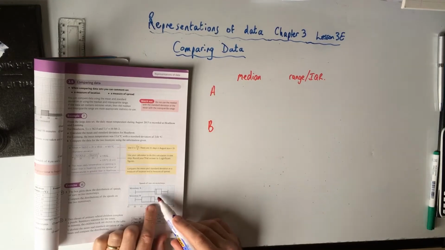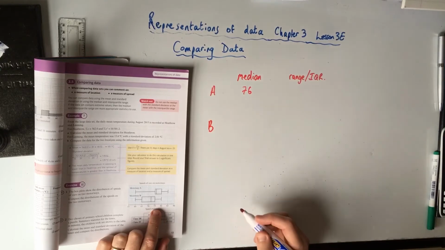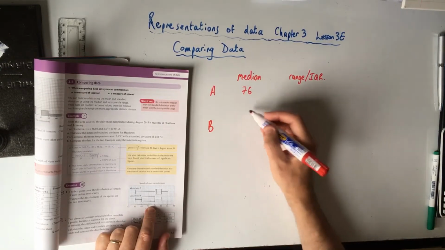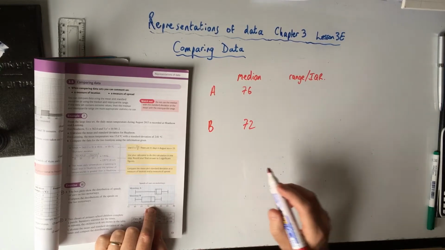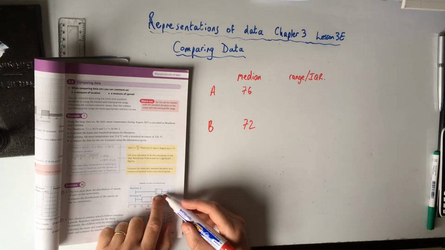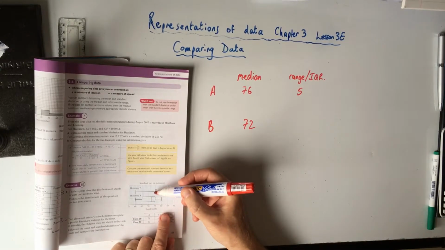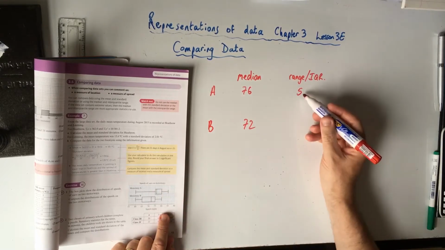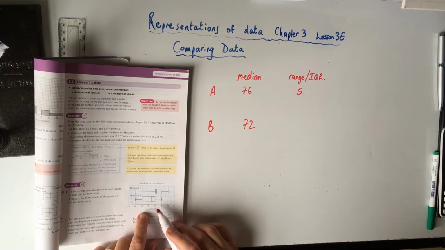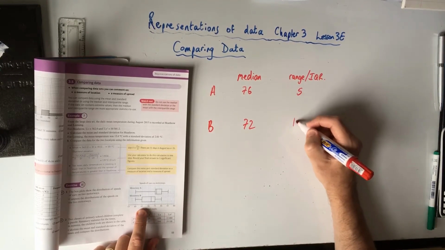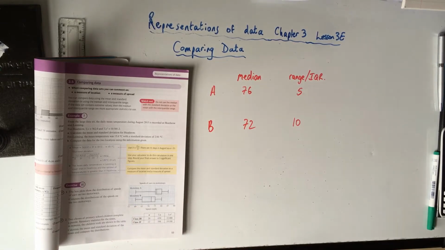The median for motorway A is 76 miles per hour, and it's 72 miles per hour for motorway B. The interquartile range for motorway A is 5 miles per hour, so that's Q3 take away Q1, between 75 and 80, so 5 miles per hour. And for motorway B, it's from 65 to 75, so it's 10. So you can see it's a bigger interquartile range.